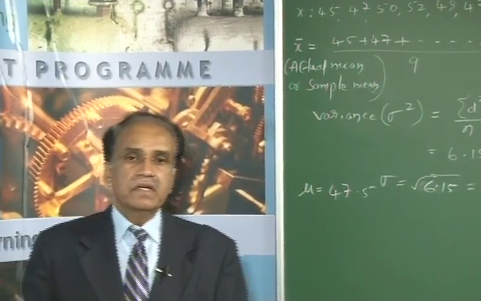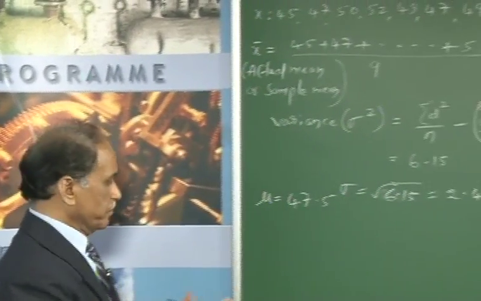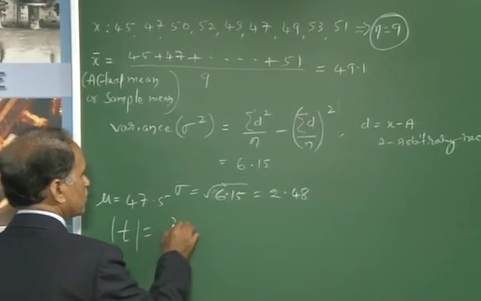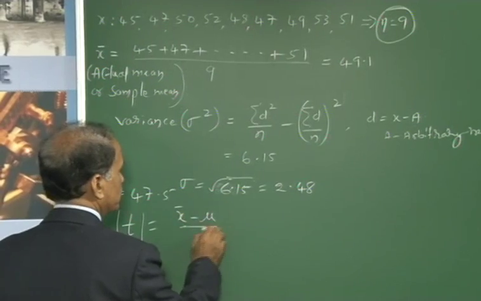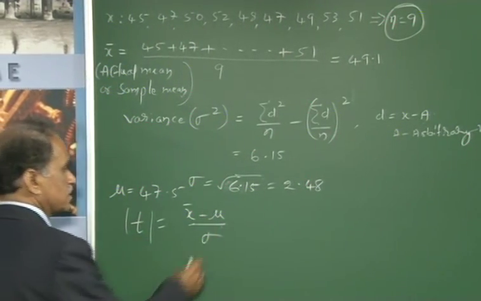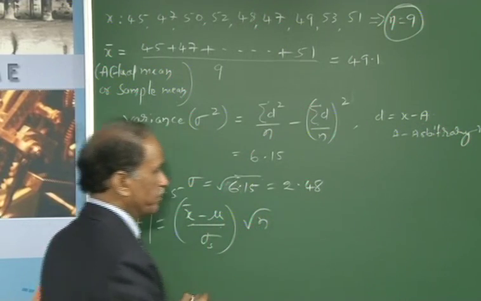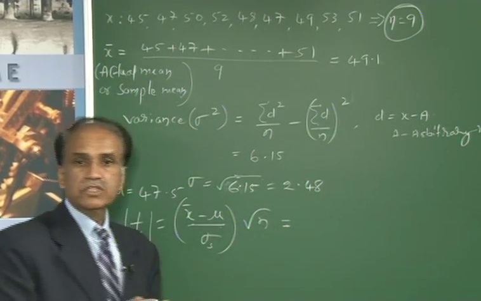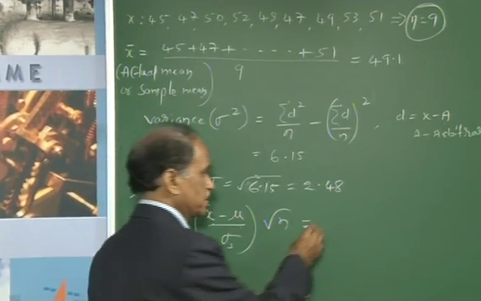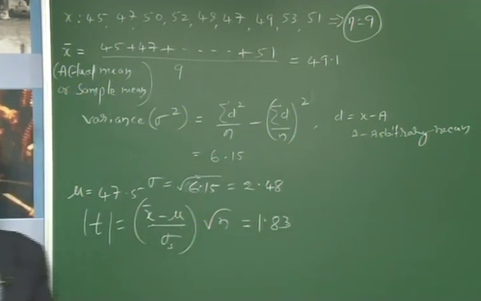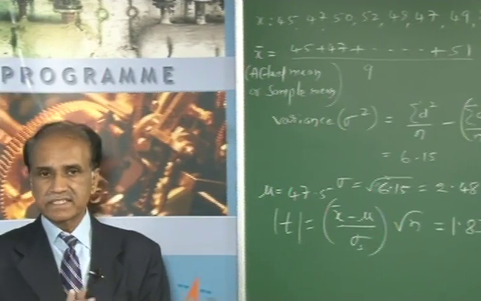And now the degrees of freedom. Your actual calculated value, modulus of t is equal to x bar minus mu divided by sigma of the sample, then whole thing multiplied by root n. This is coming out to be 1.83. This is the actual calculation by student t-test.